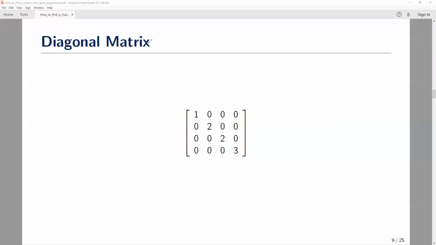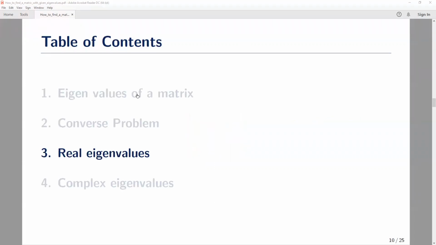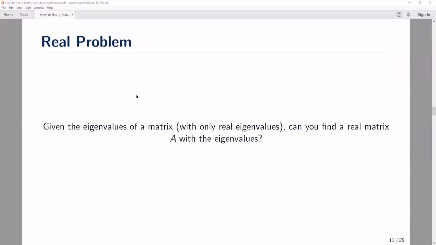Now, can we generalize it with real eigenvalues? Let's say the eigenvalues of a matrix are all real, and I have given you the eigenvalues. Can we find the real matrix? For example, a symmetric matrix has only real eigenvalues.